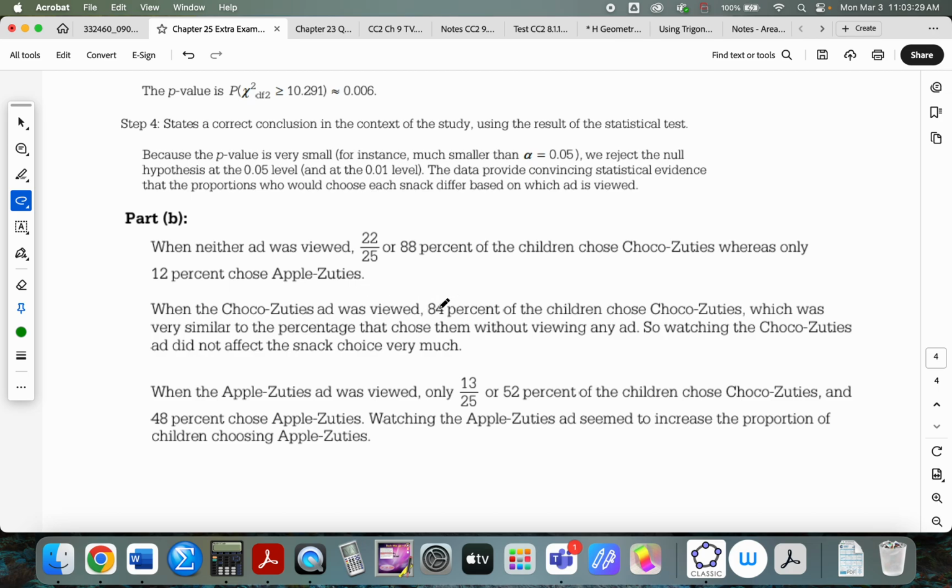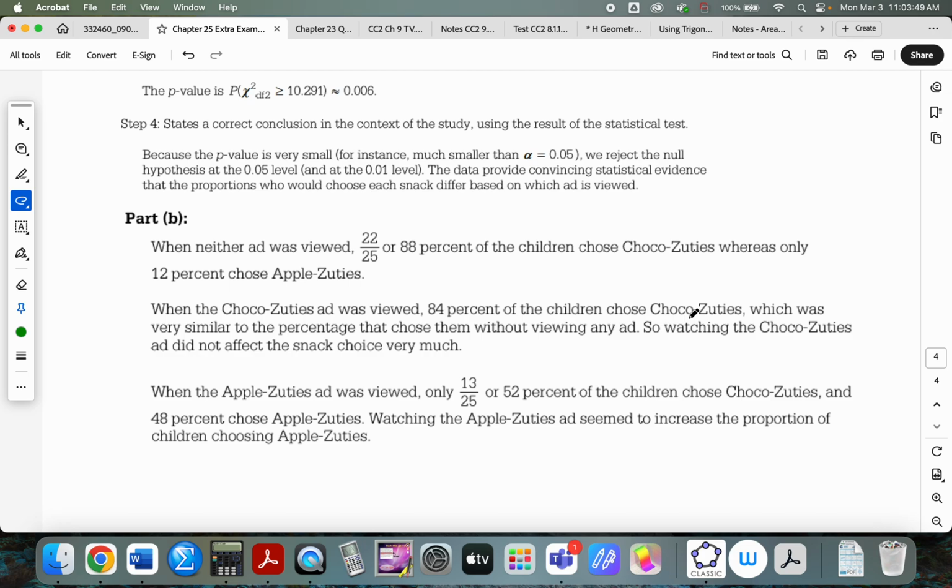This is where it cracks me up. When the Choco Zooties ad was viewed, 84% of the children chose Choco Zooties. The Choco Zooties ad actually made them less likely to pick Choco Zooties. What? That's really weird. That's crazy. Apparently they didn't like the ad.